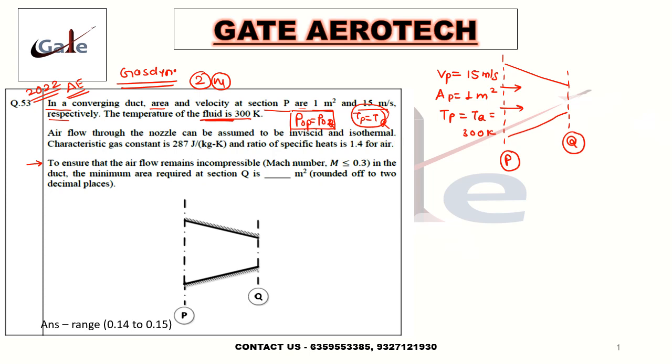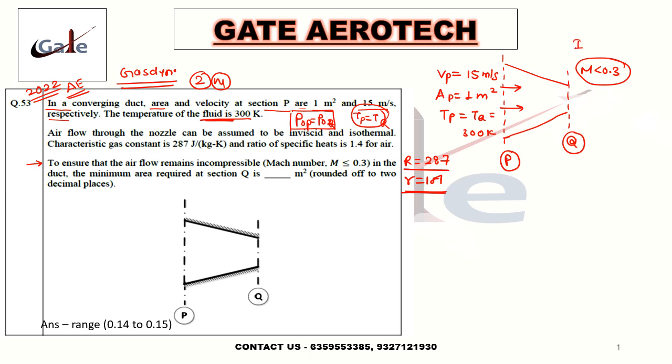Now they have given more data for your gas, R for air 287, and gamma 1.4, right? Now they are saying that when air is flowing inside the duct, your Mach number should not go beyond 0.3.